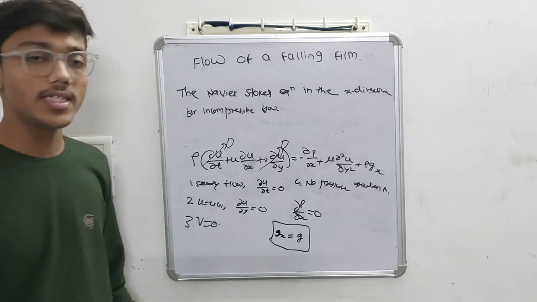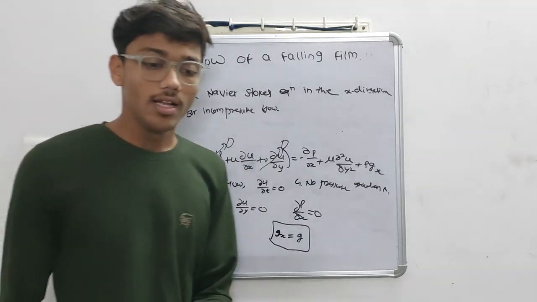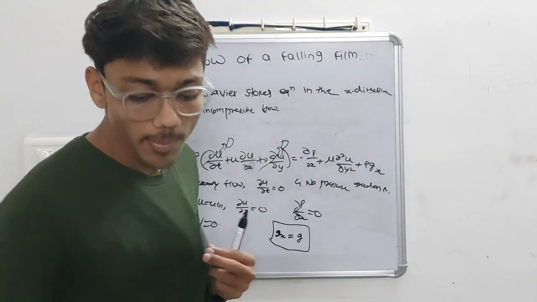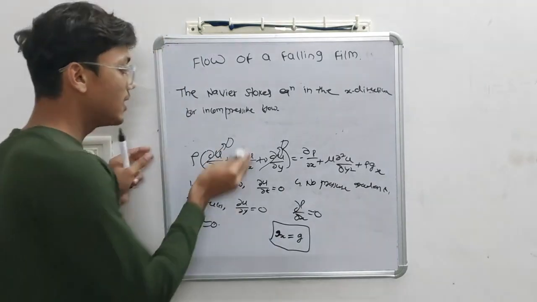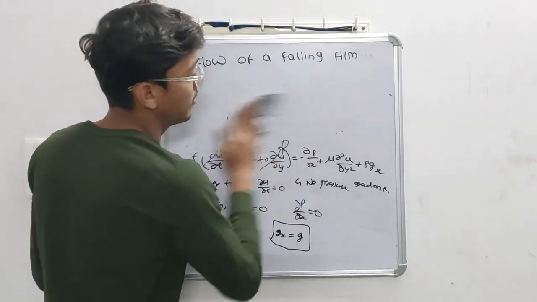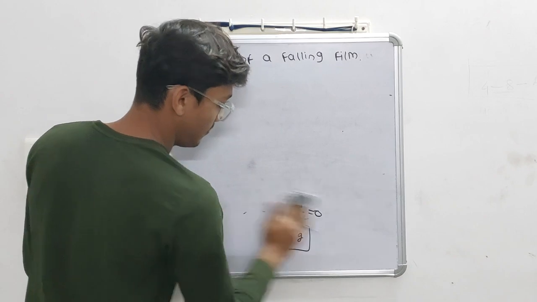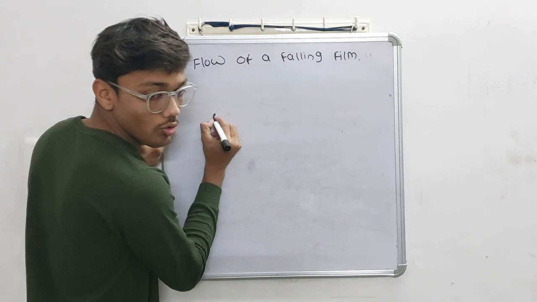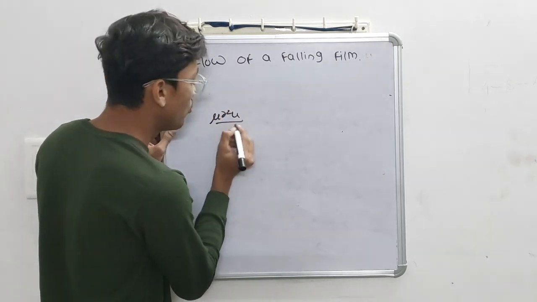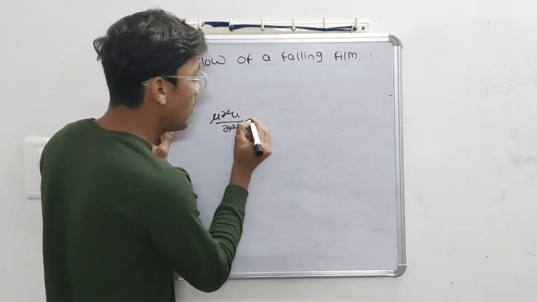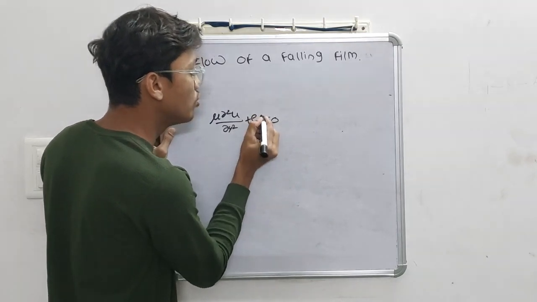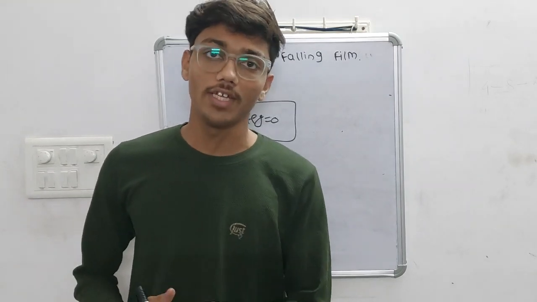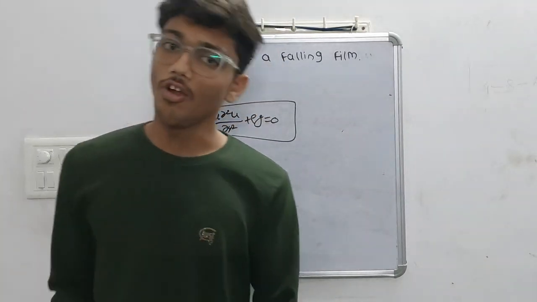By our assumptions, we get a simpler form of the Navier-Stokes equation: mu dou square u by dou y square plus rho g equals 0. This is the simplified Navier-Stokes equation for flow of a falling film.